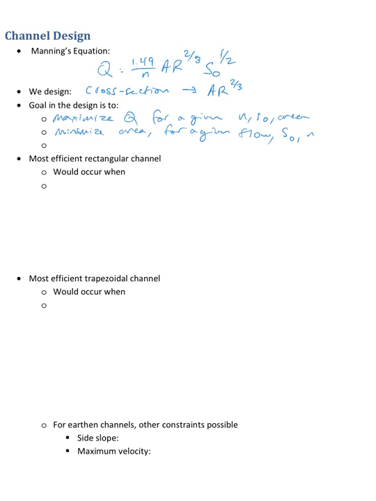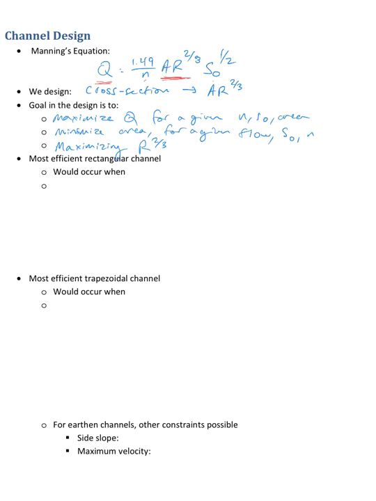And the way we're going to do that is by maximizing R to the 2/3. Because if our cross-section is A R to the 2/3, if we look at that part of the equation, if n and S sub 0 are fixed, we want to get A R to the 2/3 as big as we can to get Q as big as we can.